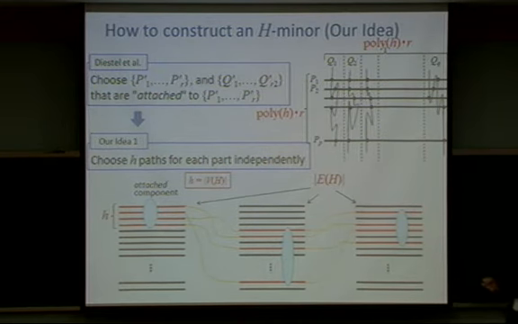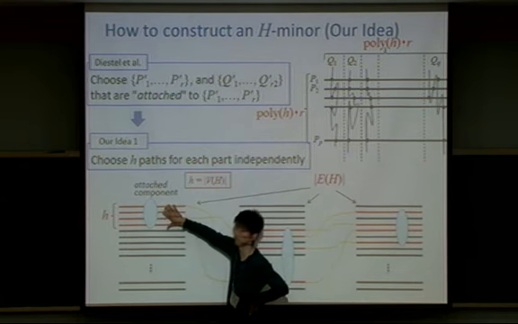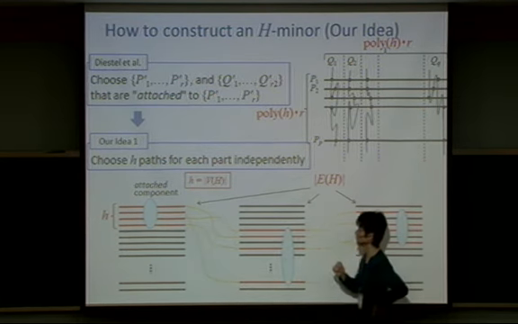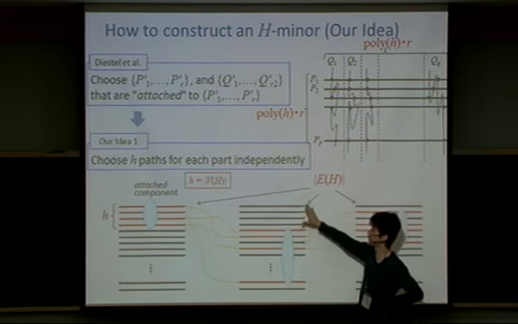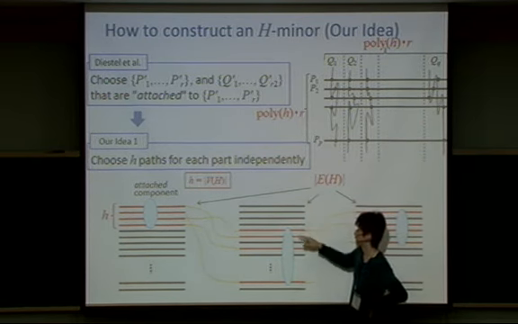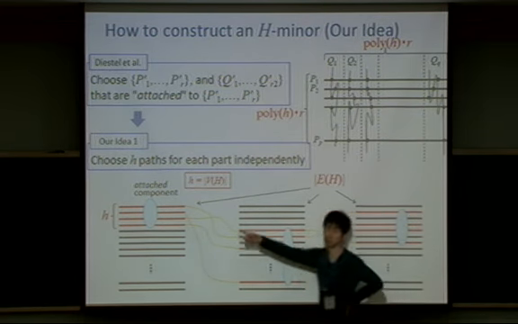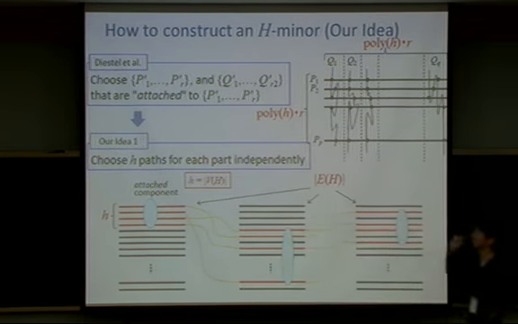So we want to find a component attached to these H paths. We don't have to choose a component which is attached to the same paths. These H paths can be different from these H paths. Okay, so this is our first idea.